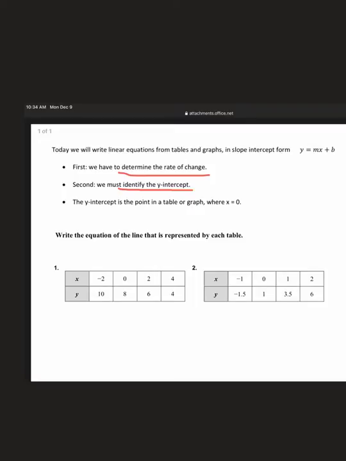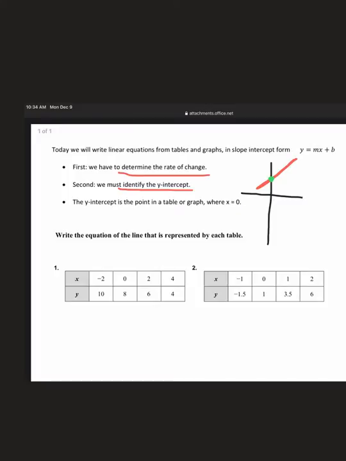Now the y-intercept, we know the y-intercept because it's the point where the line crosses the y-axis. For instance, if this is my graph right here, the y-intercept is this point where my line crosses the y-axis. Everybody's familiar with the y-intercept by now, yes?